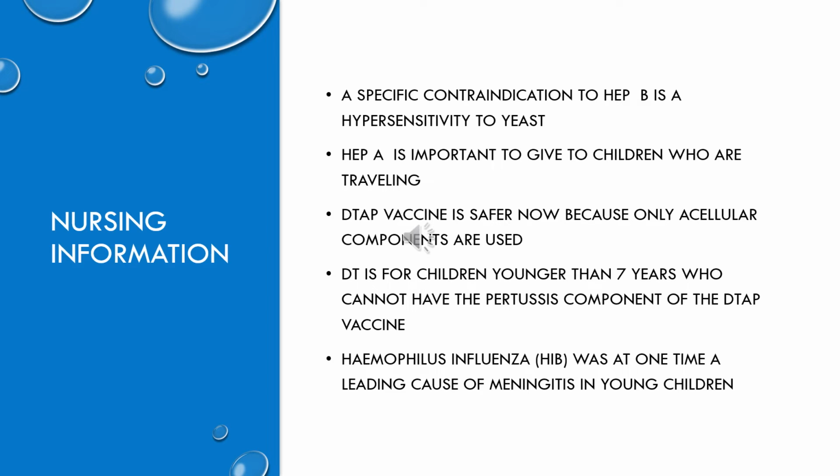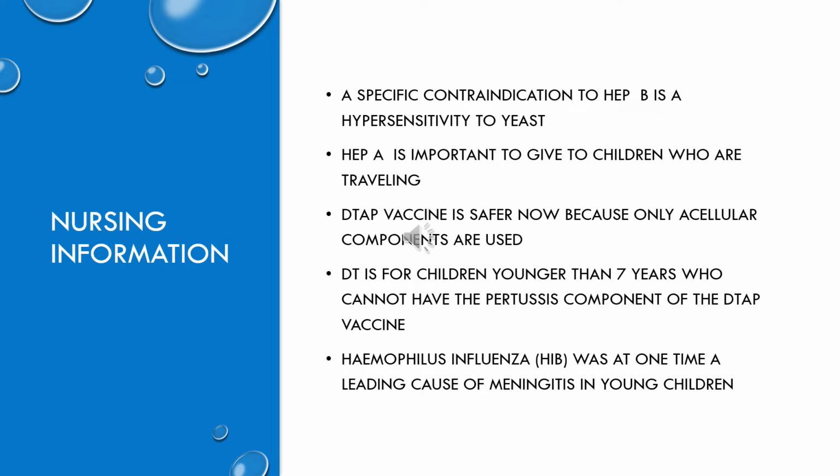I know when I was a school nurse several years ago, the state of Oklahoma does require our students here to have a Hep A vaccine to enter K through 12, or to be actively beginning that series, I should say. And then in Missouri, that was not the case. So Hep A is one that depends on what state you're living in, but it is recommended that children do get vaccinated for that, especially if they're traveling.